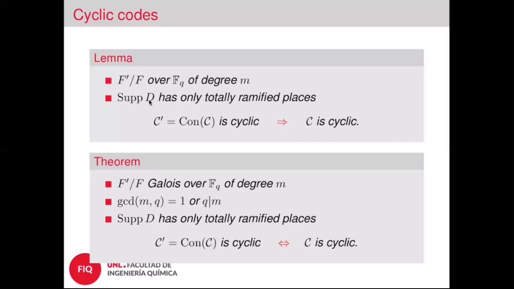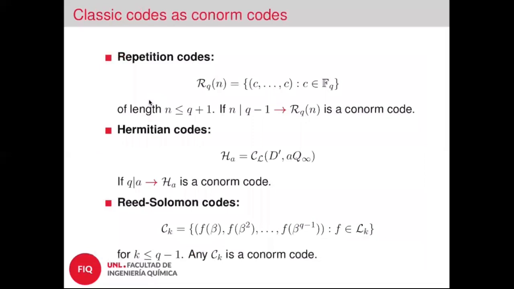So that's why I said that this whole work was motivated by trying to see how to get different representations of a cyclic code in a function field with a bigger genus. So with this, we could see that many classic codes can be seen as conorm codes.